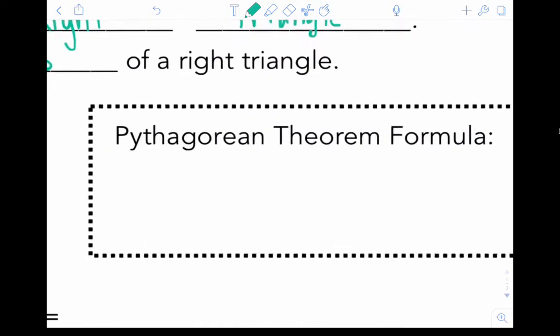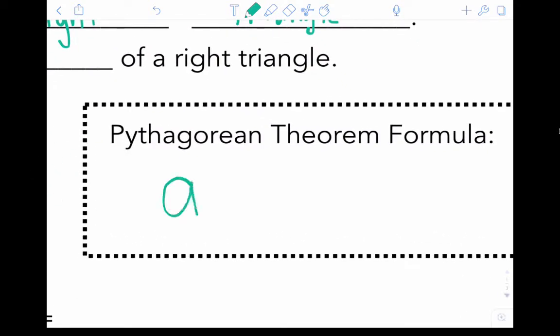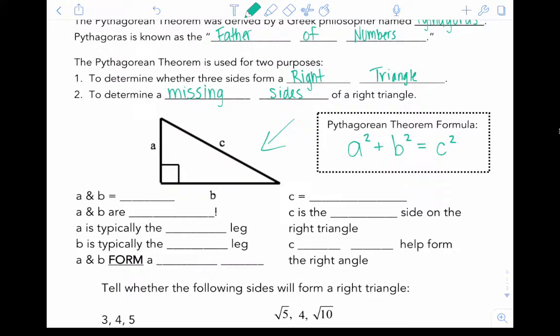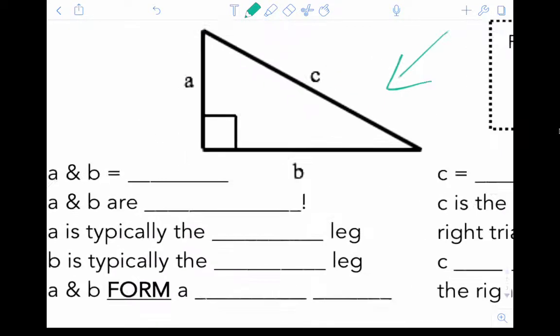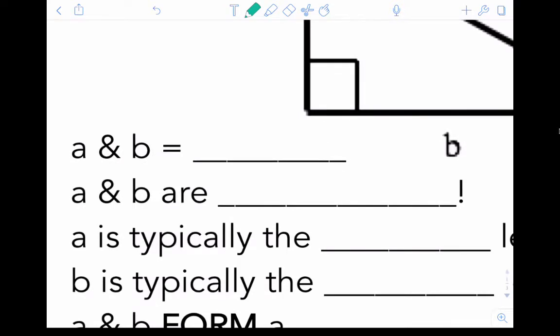The formula is a squared plus b squared equals c squared. We always use a, b, and c to name our sides. A and b are the legs. They're the smaller sides.